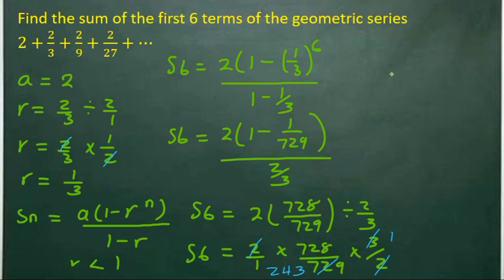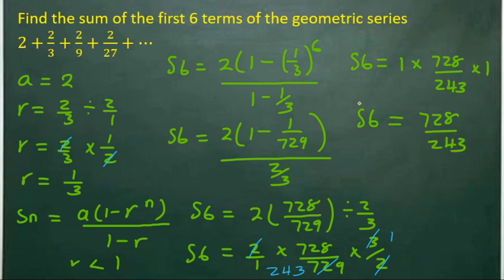So it means that the sum of the first 6 terms of this given series, we are going to have 1 times 728 divided by 243 times 1, and this will be equal to 728 divided by 243, the sum of the first 6 terms of this given geometric series.